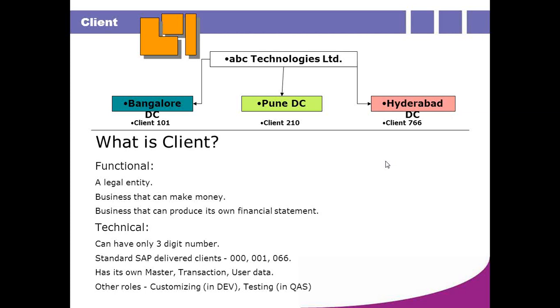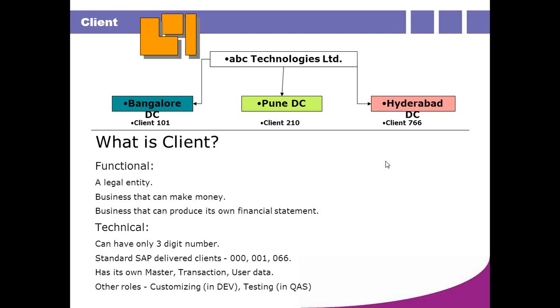But how can I control them from modifying that particular user from Bangalore? If we log into the Bangalore system, he can see the same table, right? He can see the Pune user and the Hyderabad user.